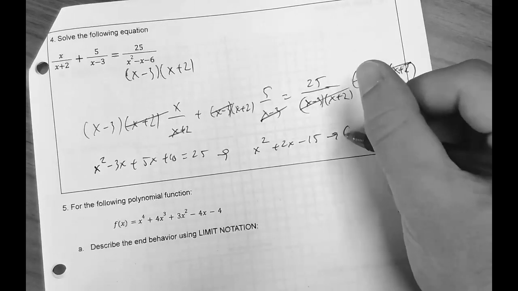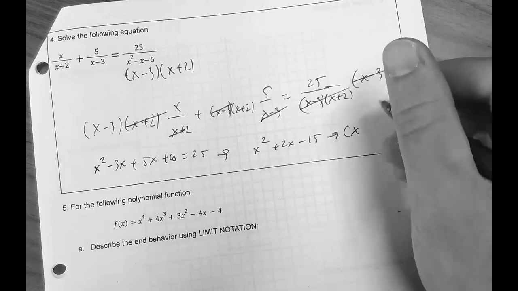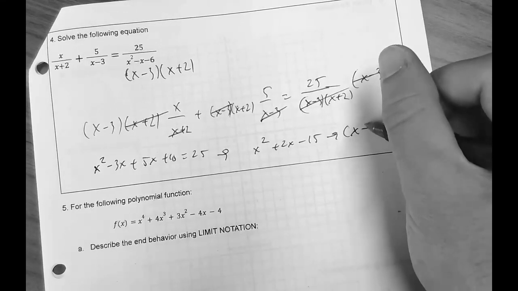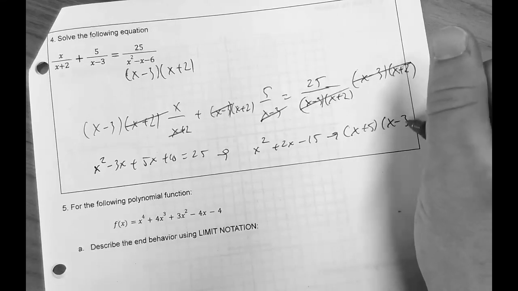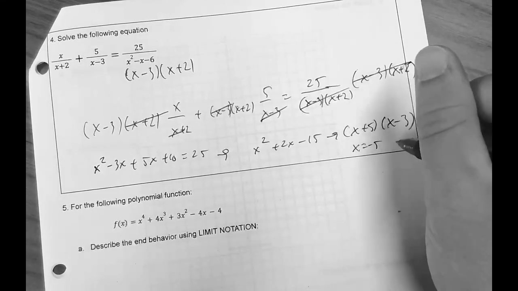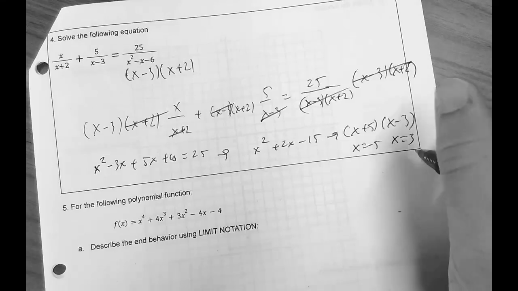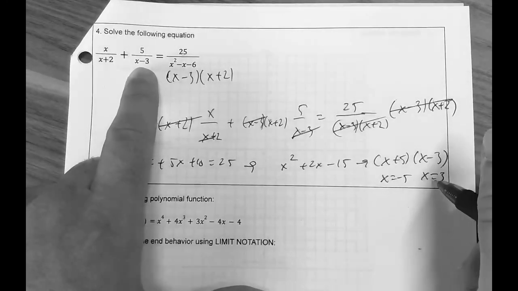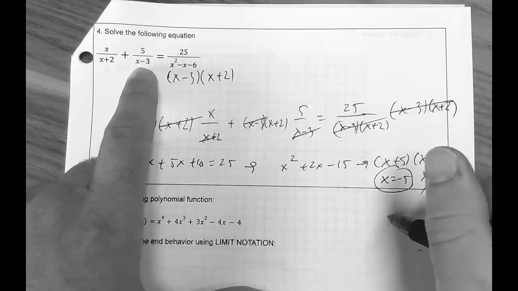This factors to x plus 5 and x minus 3. So x equals -5 and x equals 3 are my solutions. But if we test them in, we can see that 3 is not going to work. So only x equals -5.